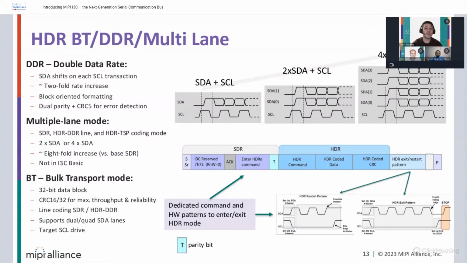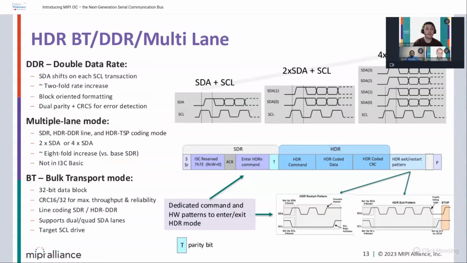It's a block-oriented formatting. With multiple lanes, instead of the standard 2-wire bus with a single SDA and SCL, we can now add multiple SDA lines. You can have either 2 or 4 SDA lines, and multi-lane is available to combine with our HDR, DDR, or TSP encodings, which TSP is another form of our HDR.